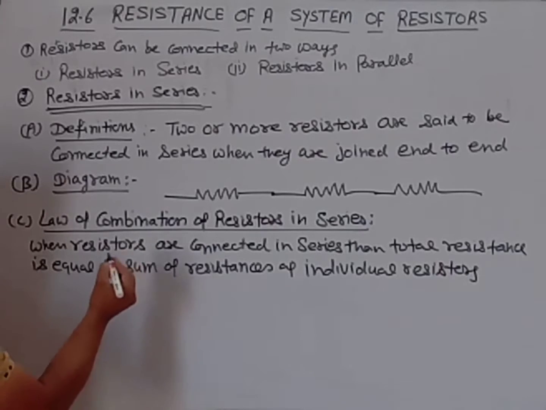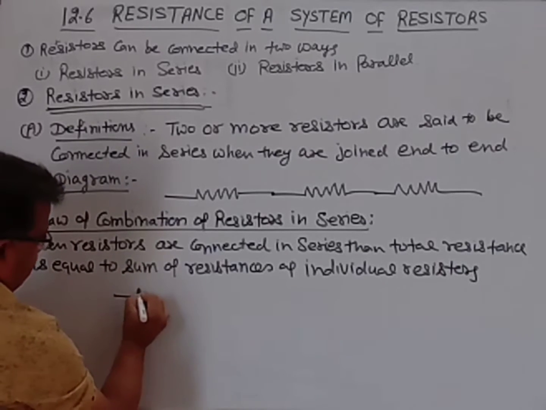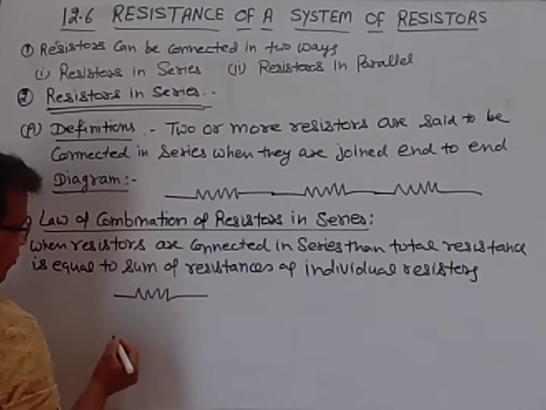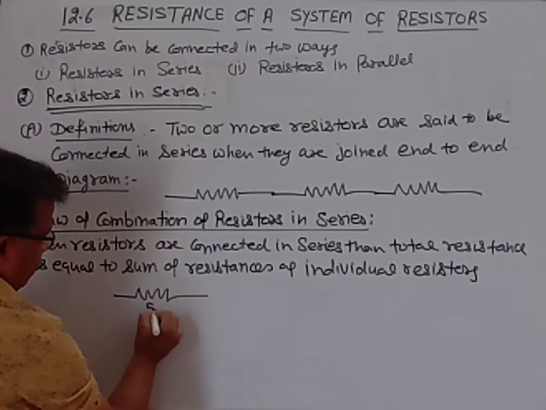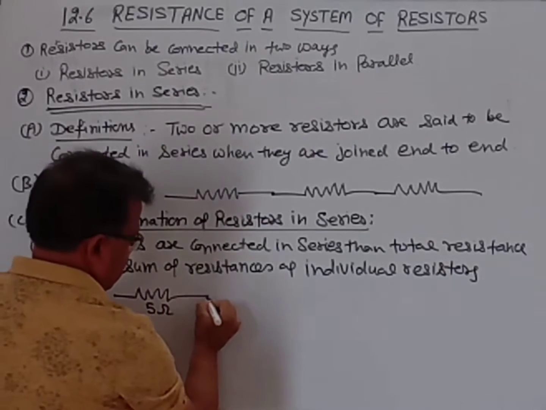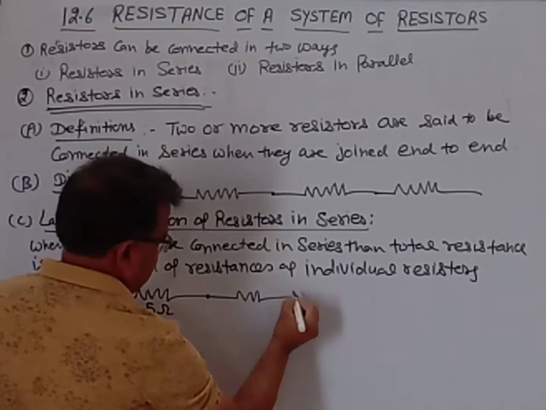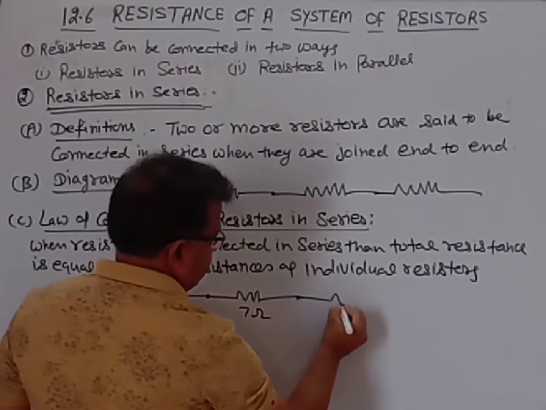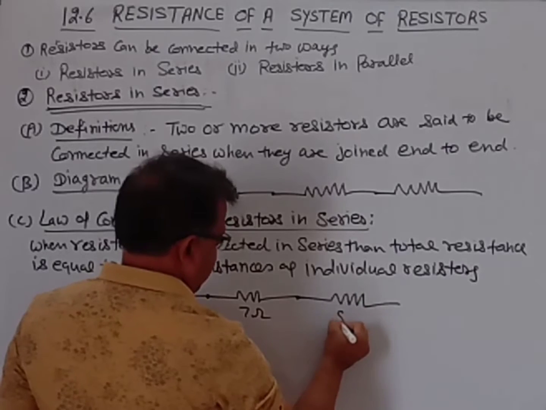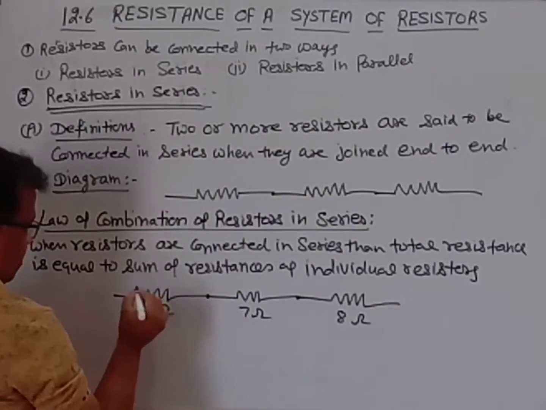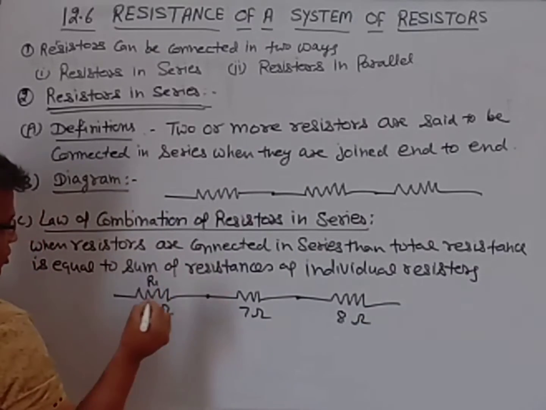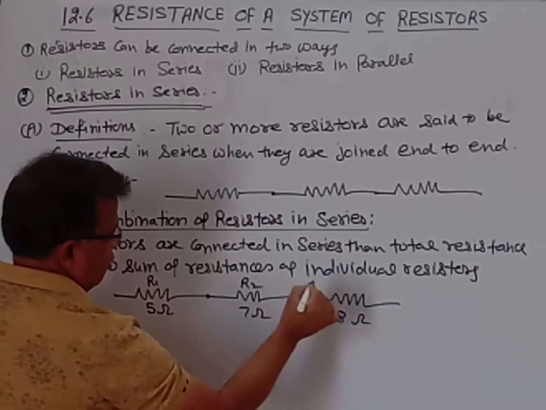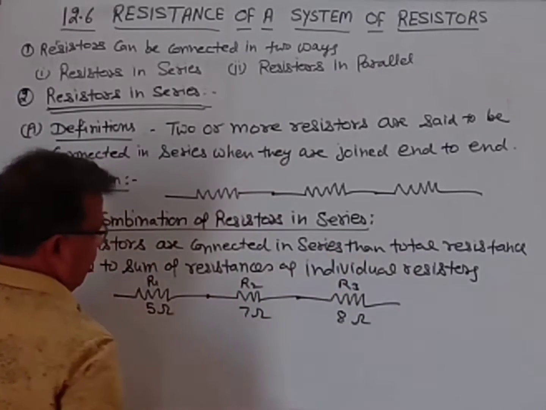For example, again, let there be a first resistor of 5 ohm connected with a second resistor of 7 ohm, which is connected with a third resistor of 8 ohm. They are R1, R2 and R3.